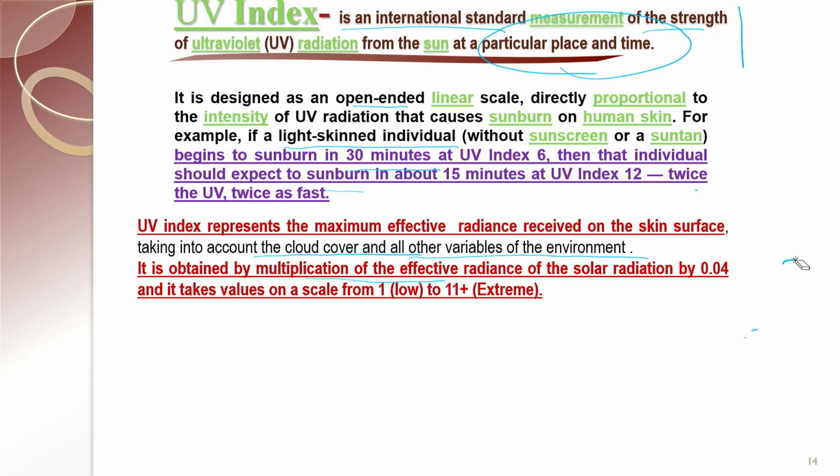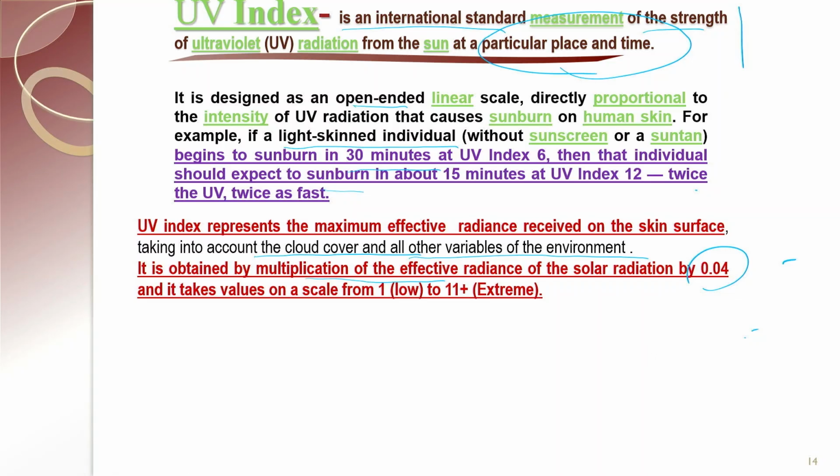The 25 factor, or 0.04 multiplying factor, we reached after getting the overall data throughout the world, and it has been observed that if we multiply by 0.04, we reach within that zone so that people can understand.